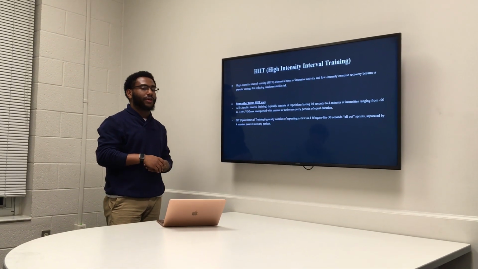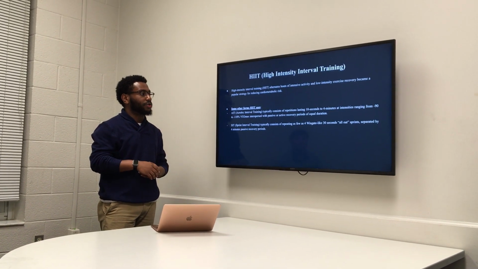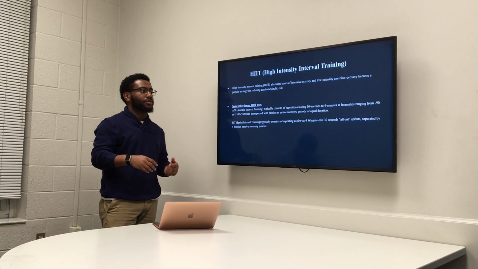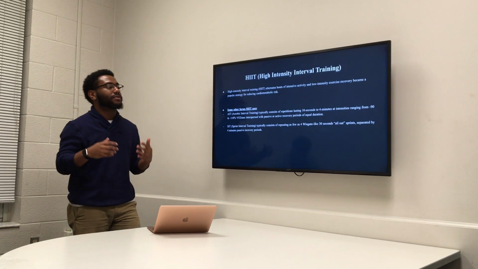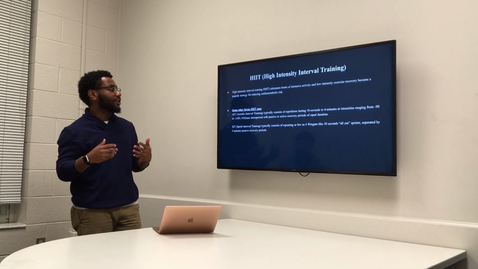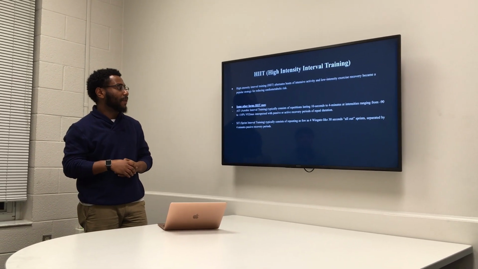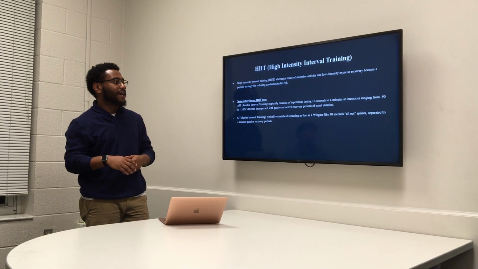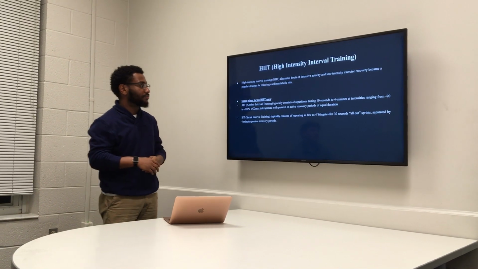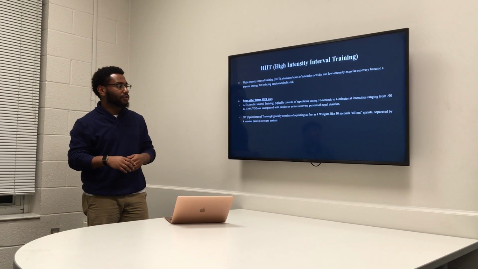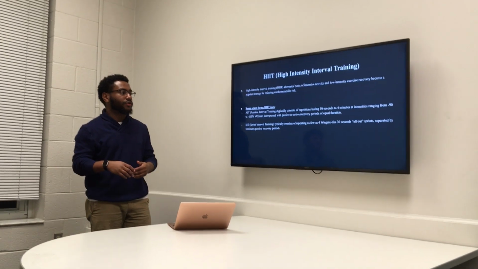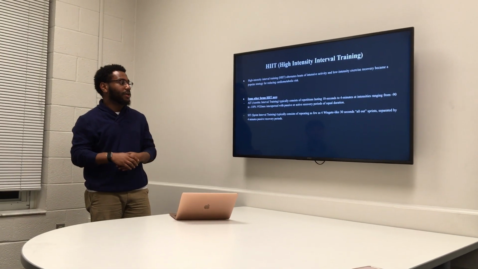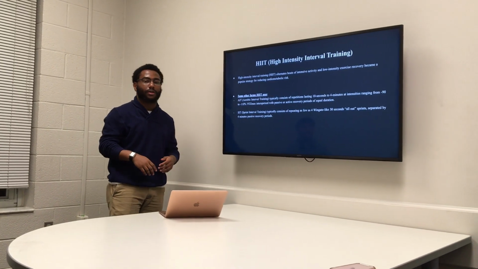Some other forms of HIIT are aerobic interval training, which typically consists of repetitions lasting 10 seconds to 4 minutes at intensities ranging from 90 to 110% VO2 max, with passive or active recovery periods of equal duration. And the last one, sprint interval training, typically consists of repeating as few as 4 Wingate-like 30-second all-out sprints separated by 4 minutes of passive recovery periods.